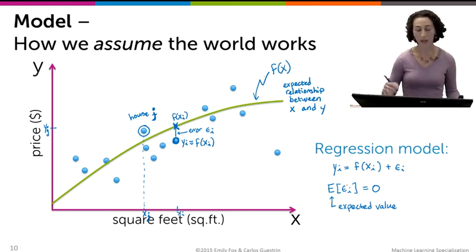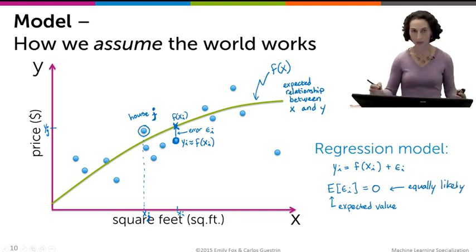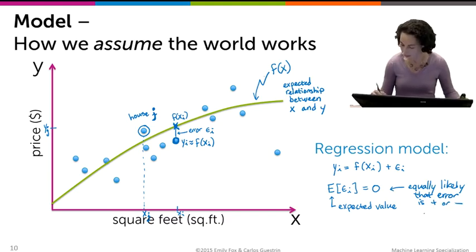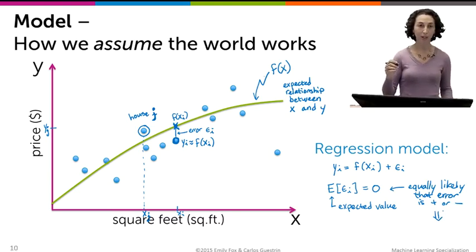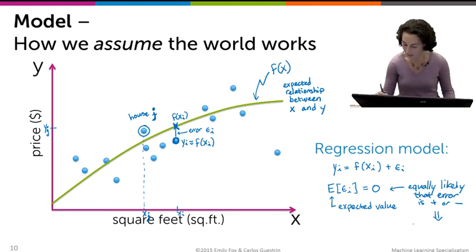But what this is saying, that our expected error is going to be 0, means that it's equally likely that we're going to have positive or negative error for any given house sale. And what does this imply? This implies that it's equally likely that our observation, the specific observation that we get, is above or below this functional relationship defined by f.